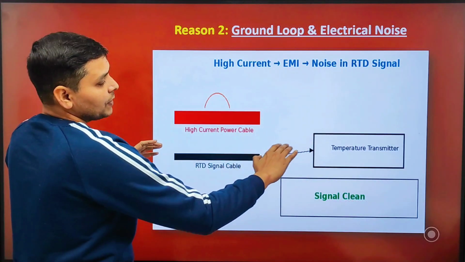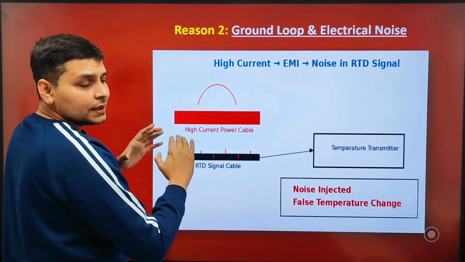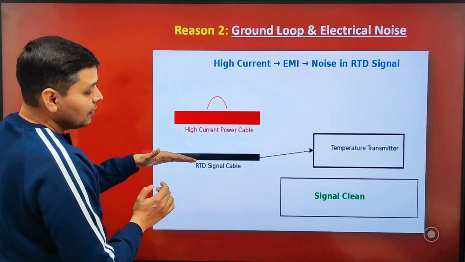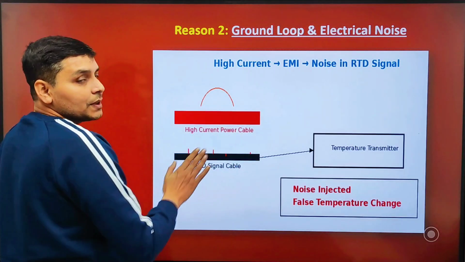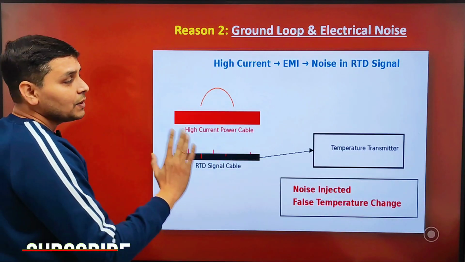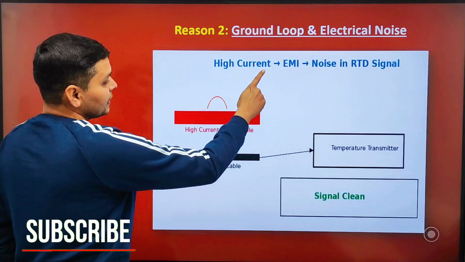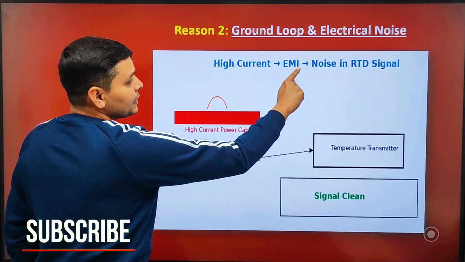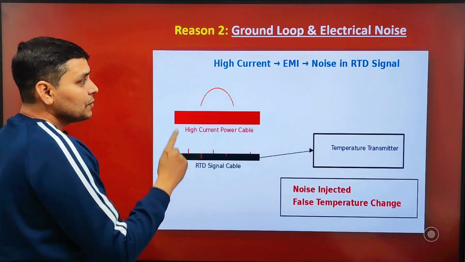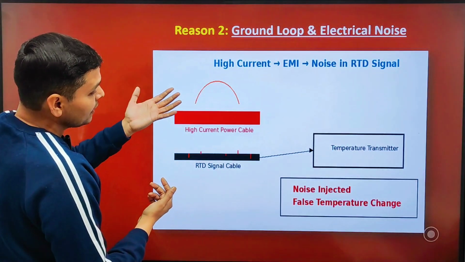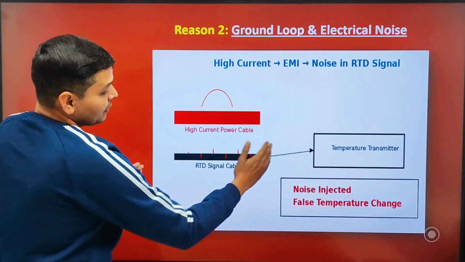When we are using a cable for an RTD or for any transmitter, this cable may run with some other cable like a motor cable or VFD cable. The motor cable or VFD cable will have high current, and due to this high current there will be electromagnetic interference, EMI, and due to this EMI noise will be created. And this noise will affect this cable.